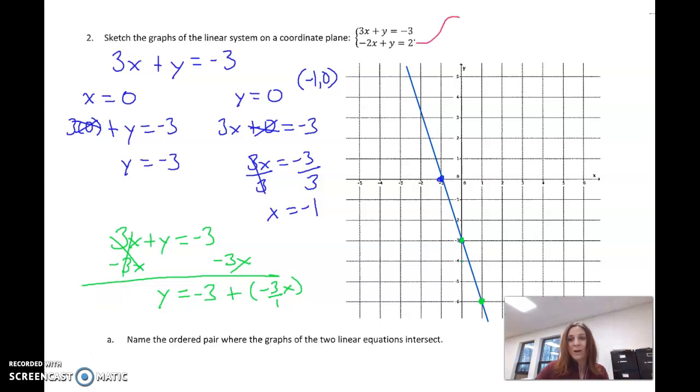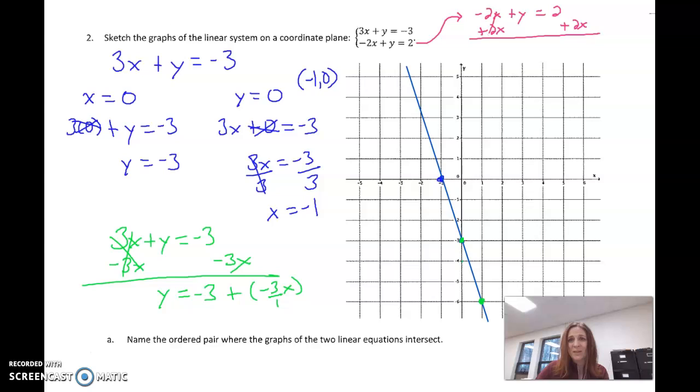Okay, so that's why for this one right here, instead of doing my intercepts, which I absolutely could do, I'm going to solve for y because there's no coefficient of y, so it's really just a one-step equation. I'm going to get rid of this -2x by adding 2x to each side. Notice that doesn't become a 4x.